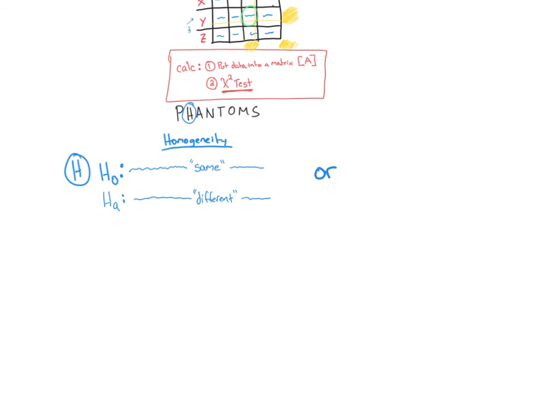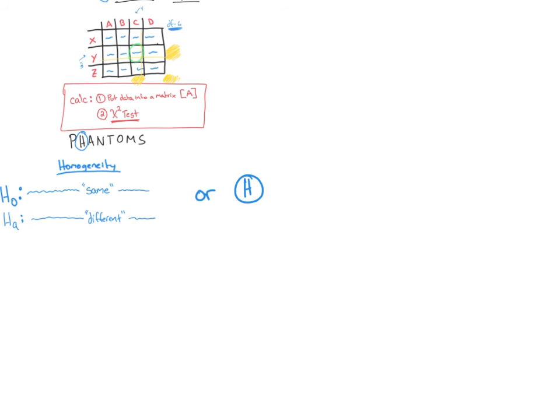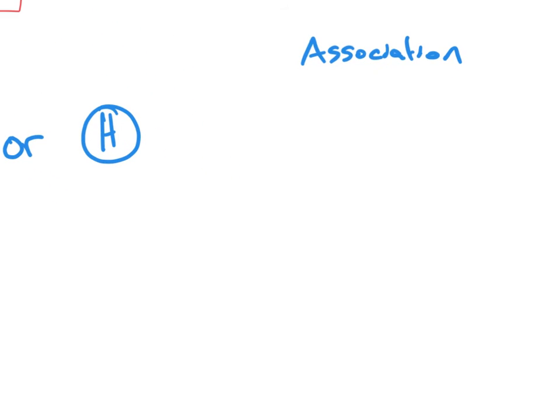Or we'll be doing a null hypothesis for association. So if it's association, what does our null hypothesis look like? Our null hypothesis will be a bunch of words, and somewhere in there, we're going to say the words not associated.